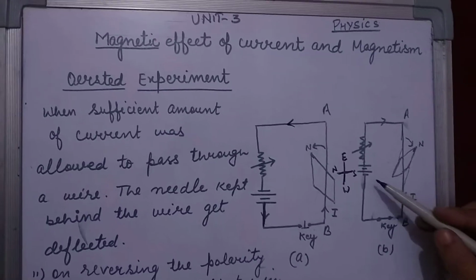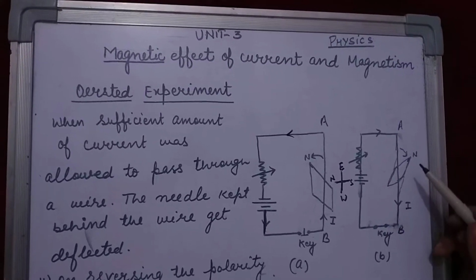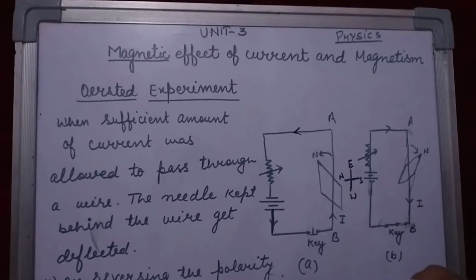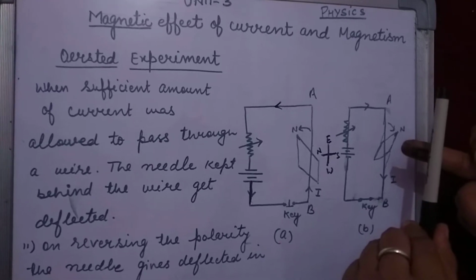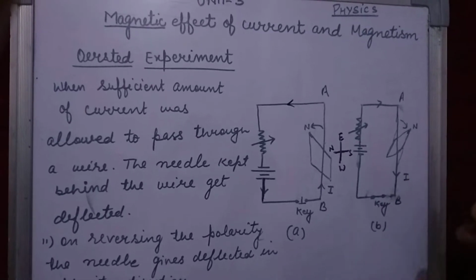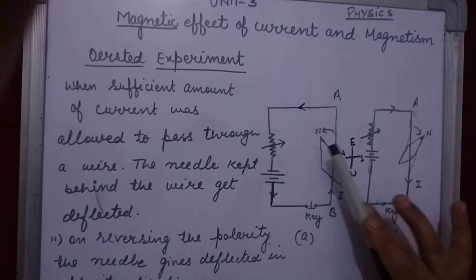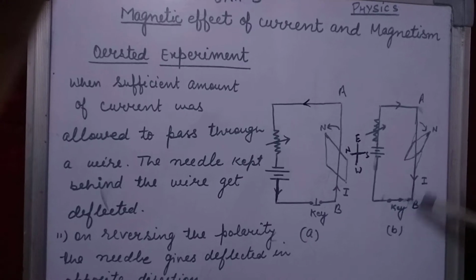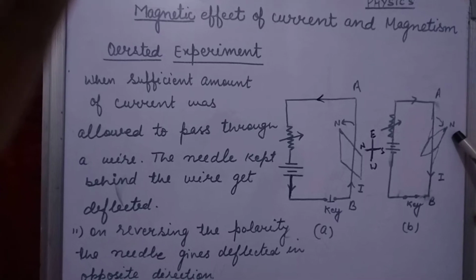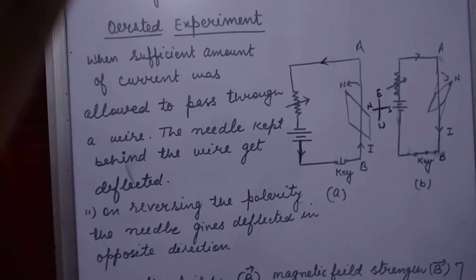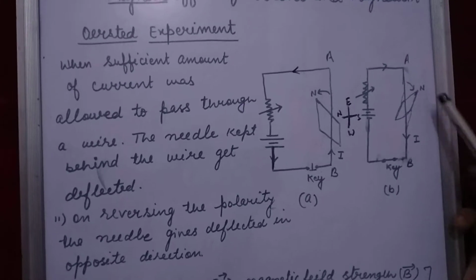Then he changed the polarity, that is, he reversed the direction of the current, and again put a needle behind the rod. So what he observed now: in the first case the deflection was in this direction, and in case B the deflection of the needle was opposite. So by reversing the polarity, he observed that the deflection is in the opposite direction.